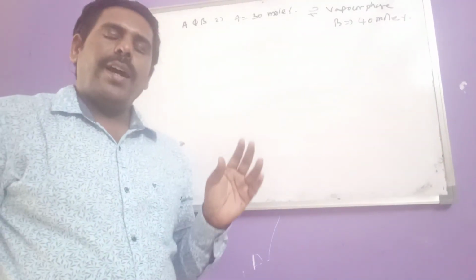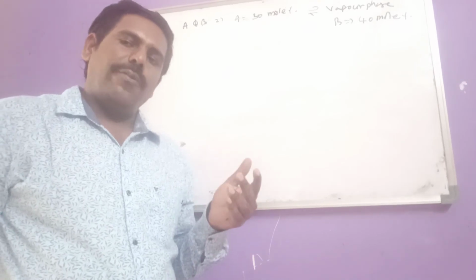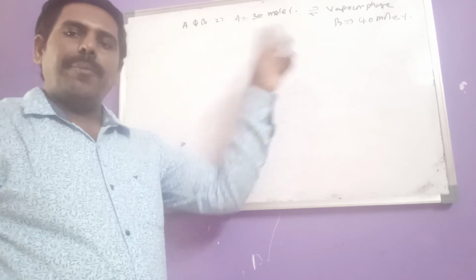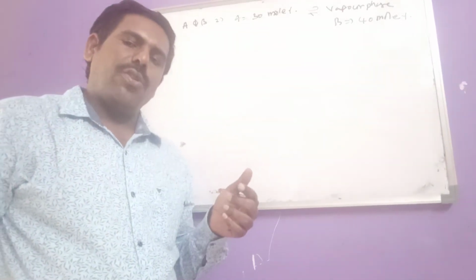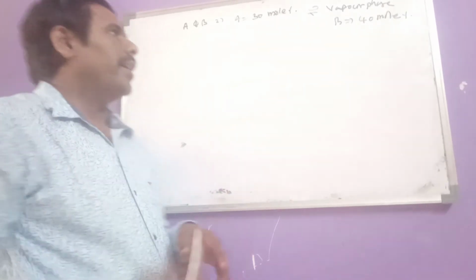Then what is the ratio of vapor pressures of pure A and B? So we have to determine vapor pressure ratio of pure A and B. How to determine this here?